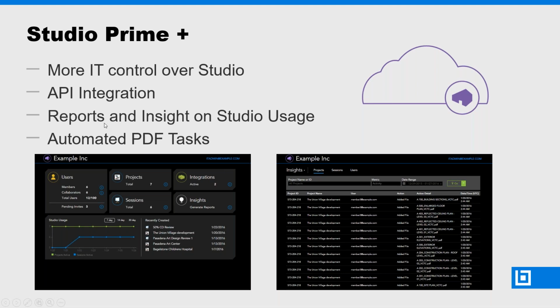We also have the ability to create reports and insights on how much of the studio is being used. So here's an example. We can see how many projects are active across all the company employees. We can manage this, and we can restrict people based on their email domains, or have IT only be able to invite participants into the studio sessions and projects. And then we also have the ability to create automated PDF tasks.